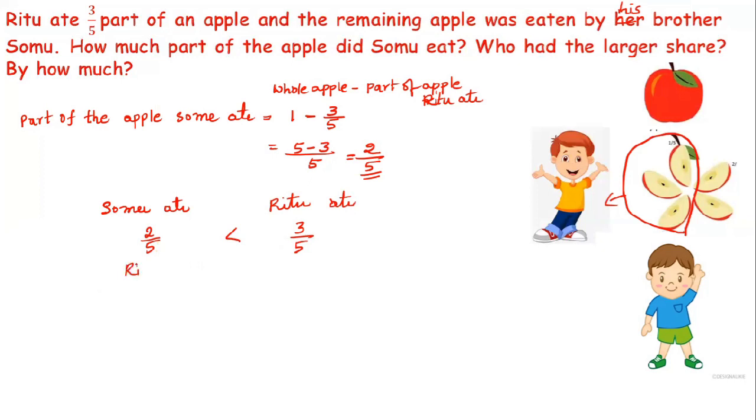So Ritu had the larger share. By how much? By how much means you have to subtract: 3 by 5 minus 2 by 5, that is 1 by 5. Ritu had the larger share by 1 by 5. Ritu ate one part more than Somu.